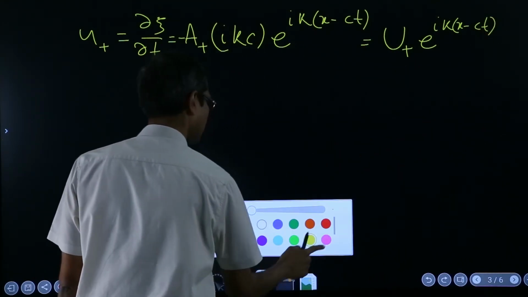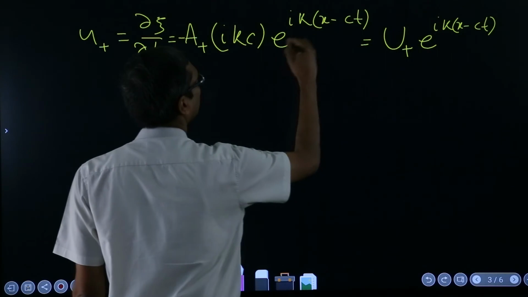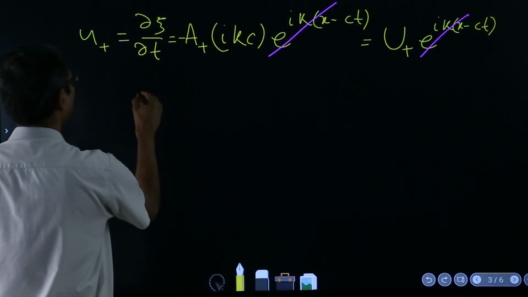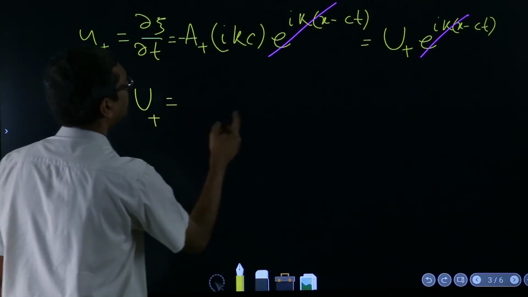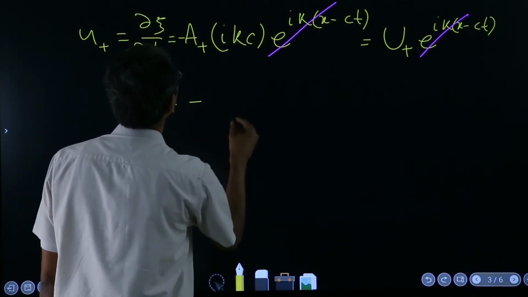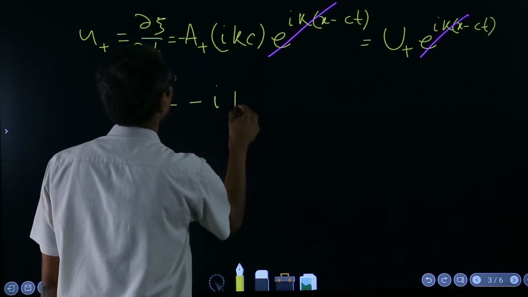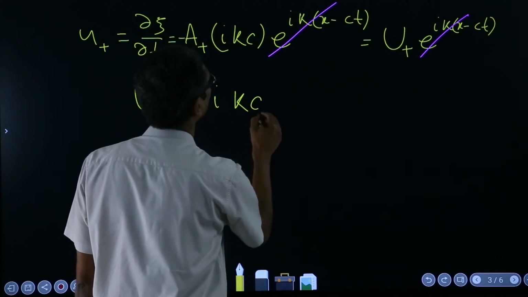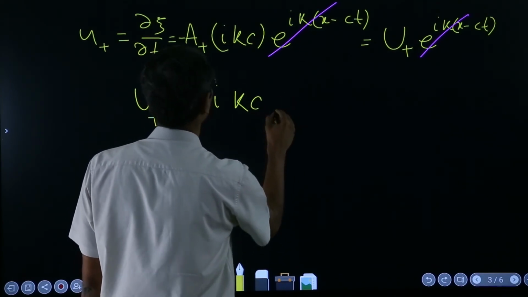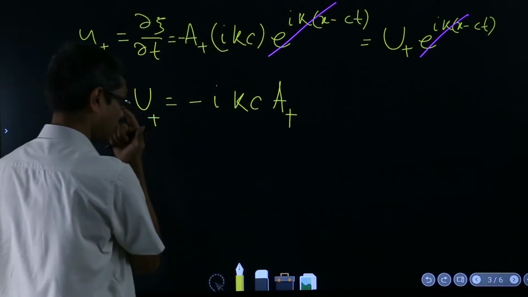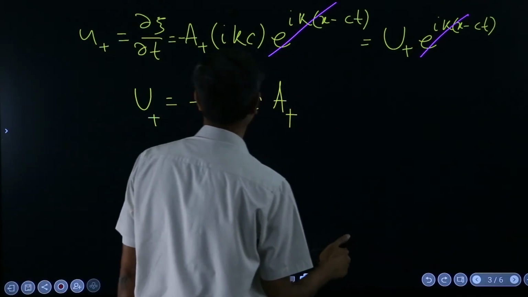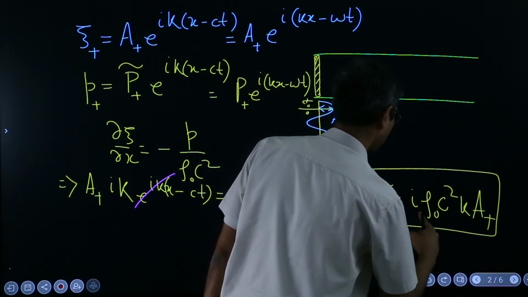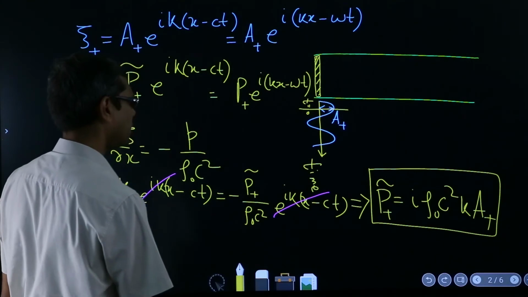So now again these things go away and you get your u plus is nothing but minus i k c a plus. Something is missing, no, okay. Now I'll just copy this expression here, p plus. There was a minus or something, did I miss?